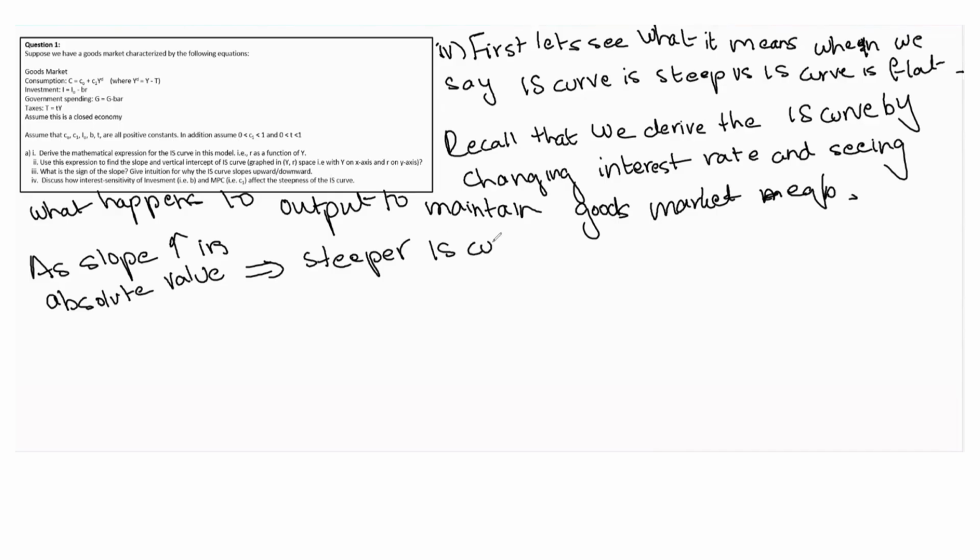Now let's see, if we have a steeper IS curve and a flat IS curve, what does that mean? Let's make two diagrams. One is the flatter IS curve, and let's make another, a steeper IS curve.